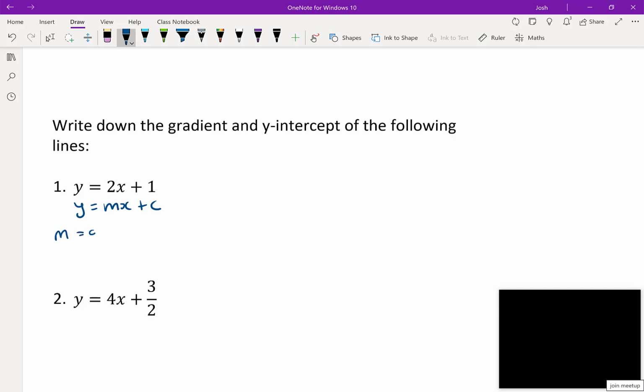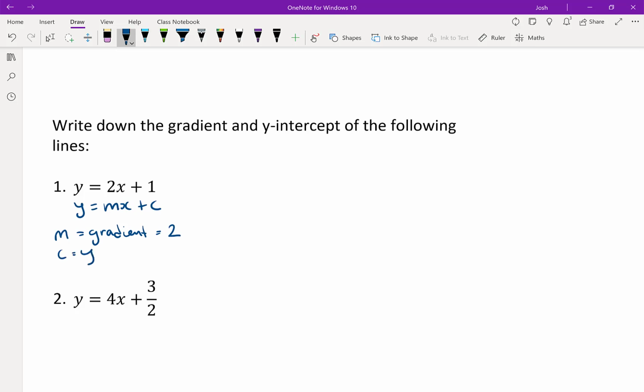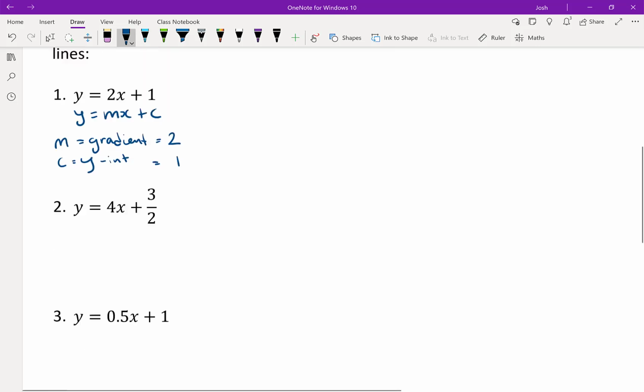Given it m, that's the letter. And so matching it up, the gradient here is equal to 2, and c, the y-intercept, is equal to 1. All we had to do was write the numbers down. We're not asked to say how we know that, or to do some kind of elaborate way of solving it. We just have to write the numbers down.